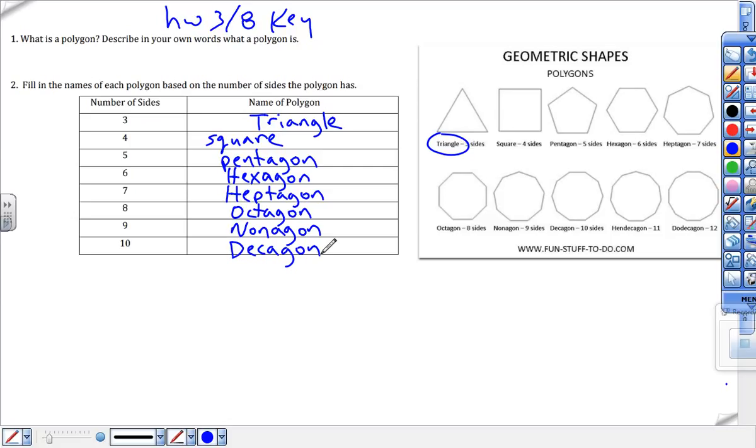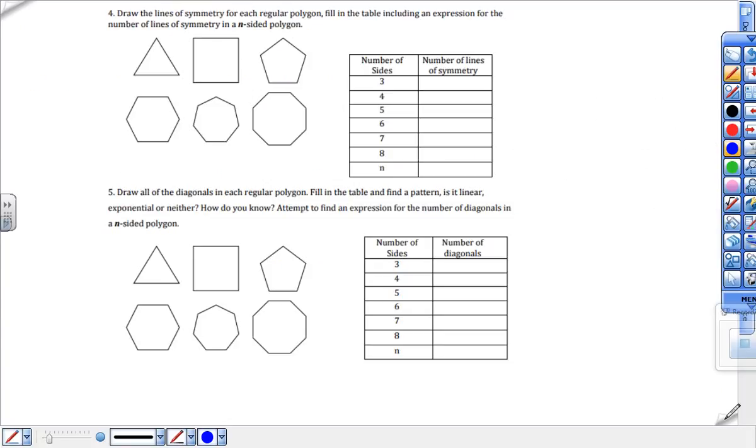Next page. It says draw the lines of symmetry. And again, the number of lines of symmetry always matches the number of sides. Triangle has 1, 2, and 3.